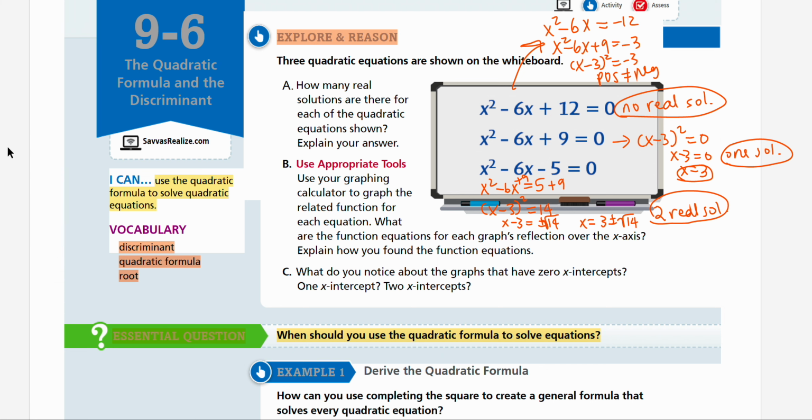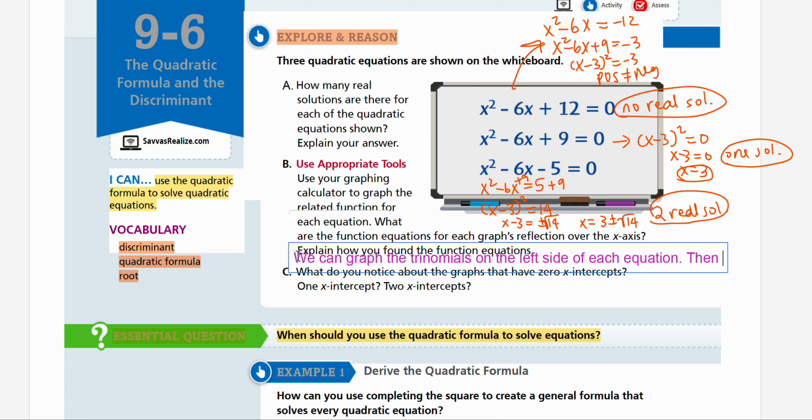How do I explain this? Let's briefly explain that we can graph the trinomials on the left side of each equation.